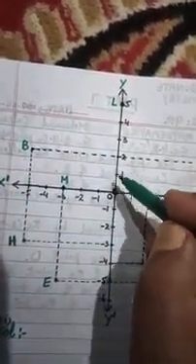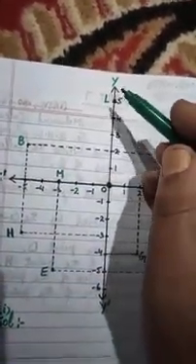Then we are moving upwards, and upwards is the y-axis line. So if we are moving upwards, that means it is positive. It is 2.